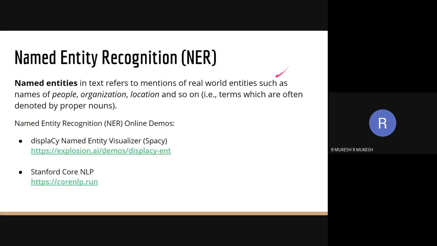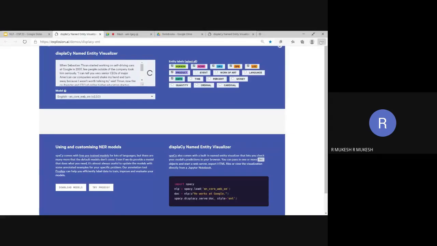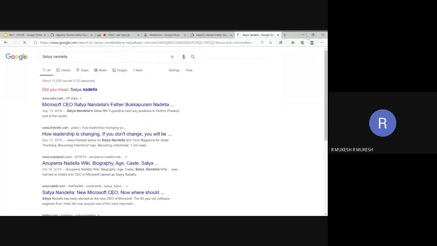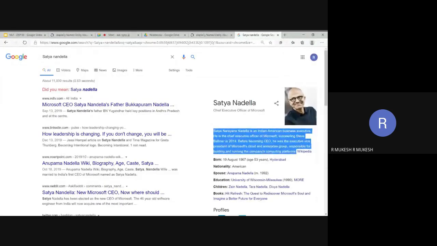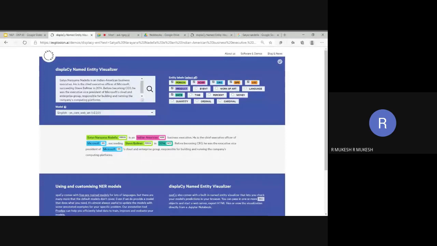Let me open this demo so that you get to know what named entity recognition is. Let me pull out a random article from Wikipedia and ask the model to parse it. This is a public demo, which is the same named entity recognition that's available in spaCy models, the spaCy library that we used in the morning.